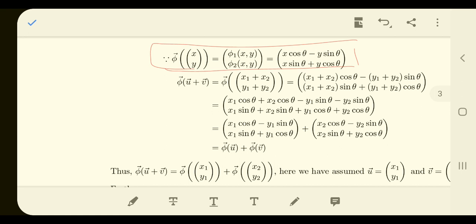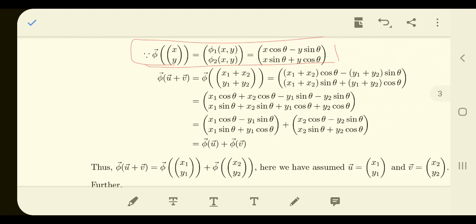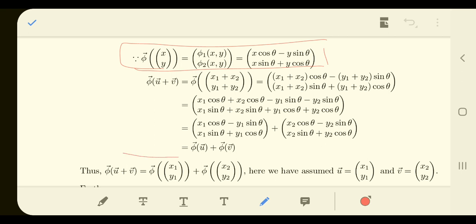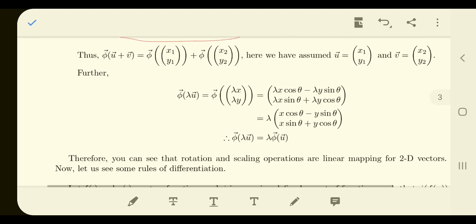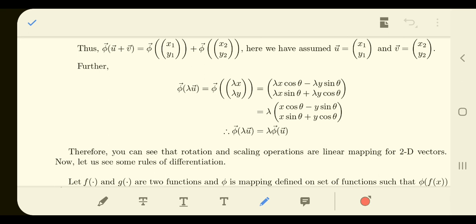If you consider it this way, you will find that it also follows all the properties of linear mapping. And again, if you try it with the second scaling condition, you will find that it also follows, and hence this also falls under linear mapping. Here it is proved.